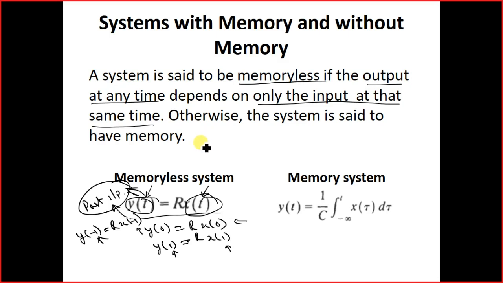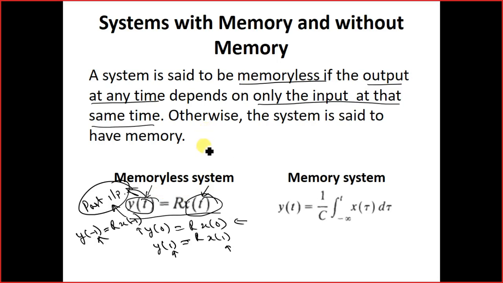The same thing happens with these systems too. Any memoryless system is a system which does not take the past inputs and also the past outputs to calculate the present output. Such systems are regarded as memoryless systems.